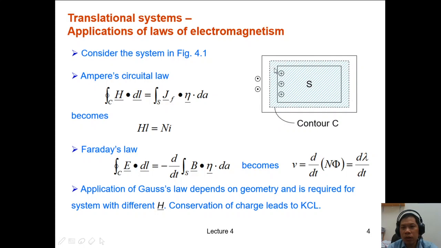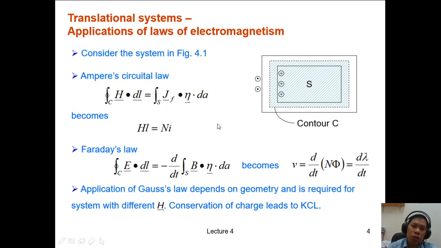So the contour C here will have an area S taking S at the peripheral, and we have the wire going out on this side and going in on this side.